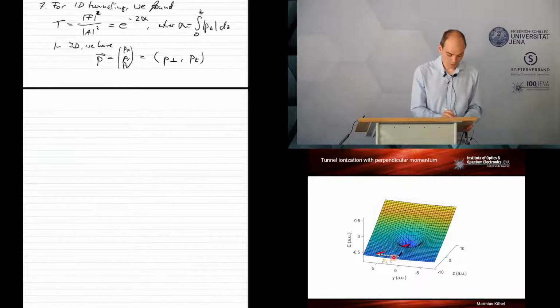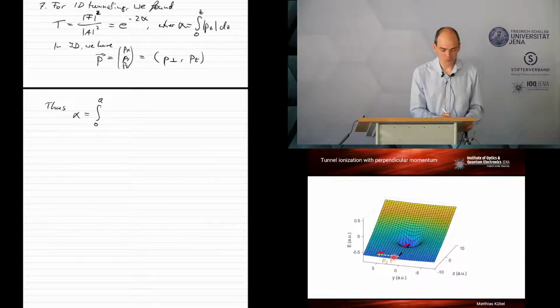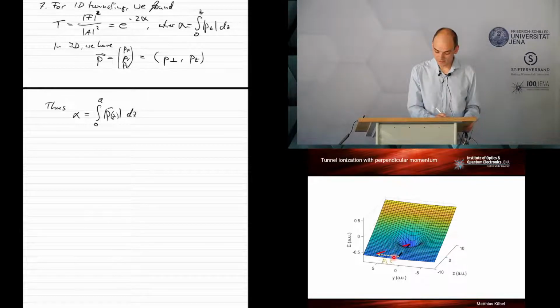Therefore, we can also rewrite the equation for this decay parameter alpha as the same type of integral, from the start of the tunnel to the exit, over the momentum, which actually can depend on z.